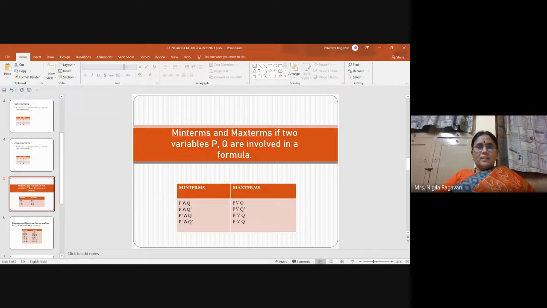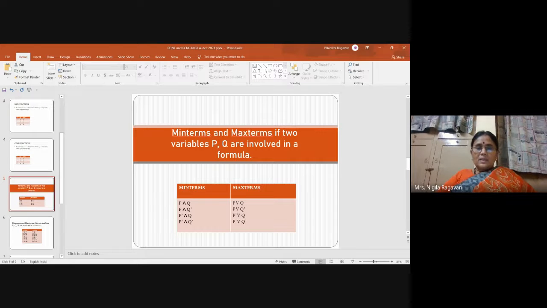We shall see min terms and max terms if two variables P and Q are involved in a formula. Which is minimum, A union B or A intersection B? Intersection contains a lesser number of elements, and union contains more elements.